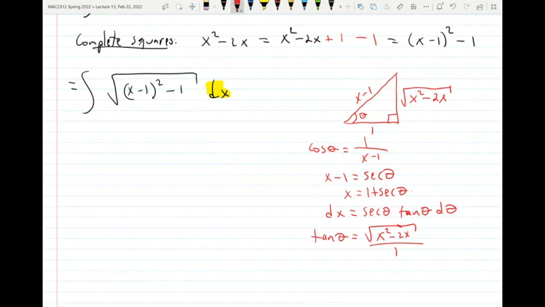We're just manipulating symbols, if you will. Okay, so we are ready to do the substitution. The integral becomes: the radical is tangent of theta, and then dx is secant tangent. So our integral is tangent squared times secant.